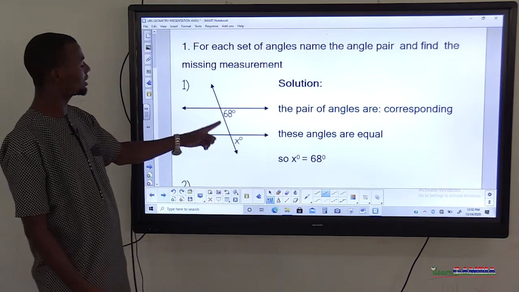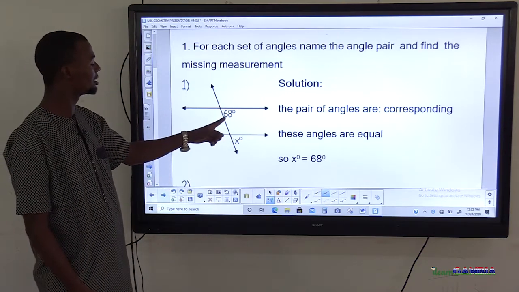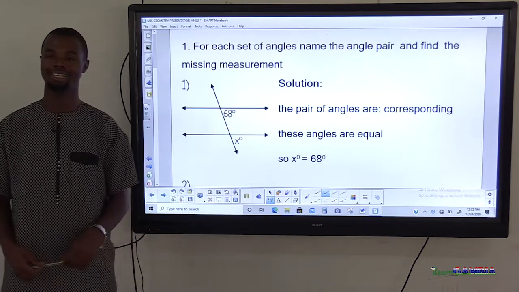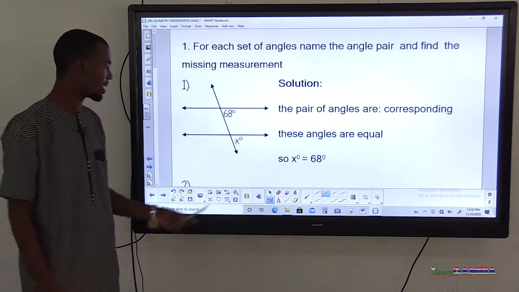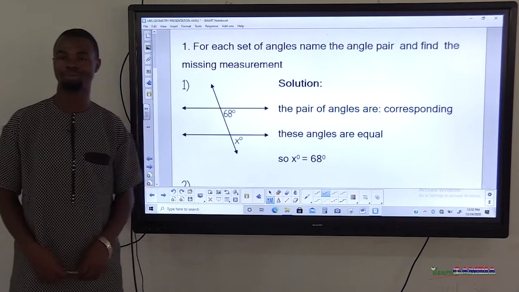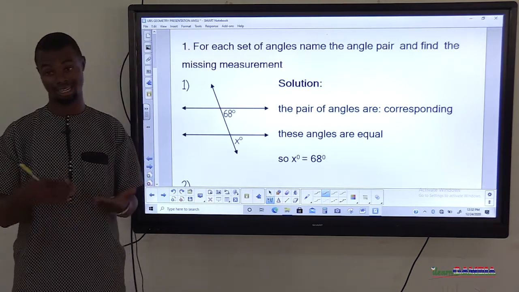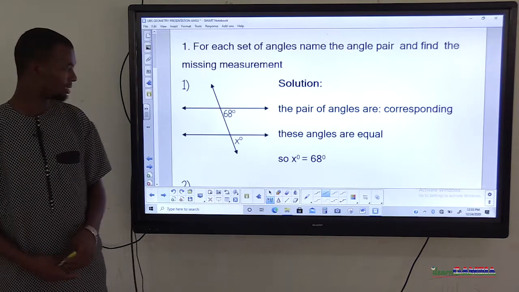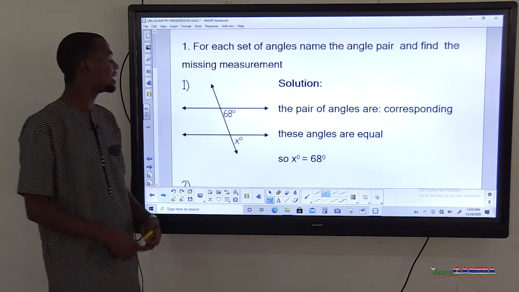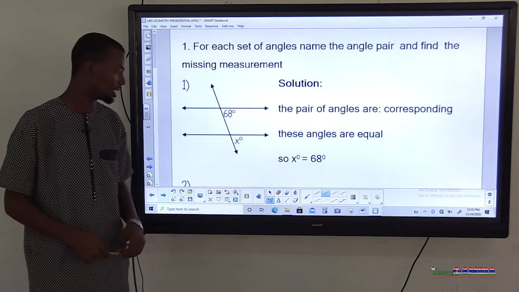If you look at x and 68, 68 is an interior angle. X is an exterior angle. Are they at the same side of the transversal? Yes, they are at the same side. Are they adjacent angles? No, they are not adjacent.